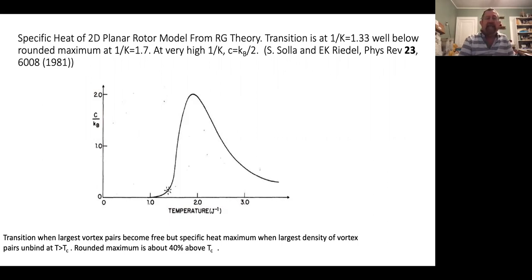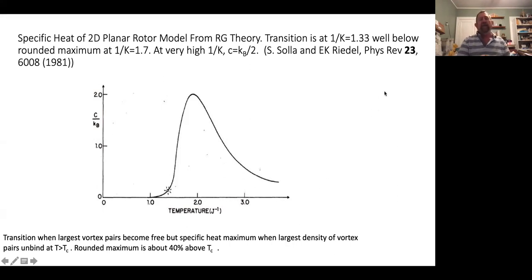So in other words, at the transition, it's the very large vortex-anti-vortex pairs that unbind, but there are very few of them, so there's very little entropy involved. Therefore, that's why the specific heat is so smooth at TC.